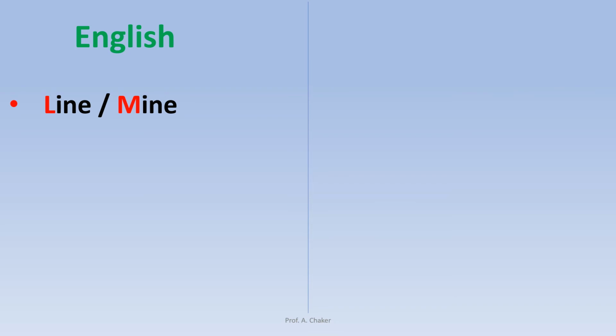L, I, N. Three sounds. Same sounds except one. Difference is in L and M. The pair of words must have different meanings. So, different meanings, of course. And then they are initial. So, L and M are phonemes. Okay? So, to know the phonemes, we use this test of minimal pairs.